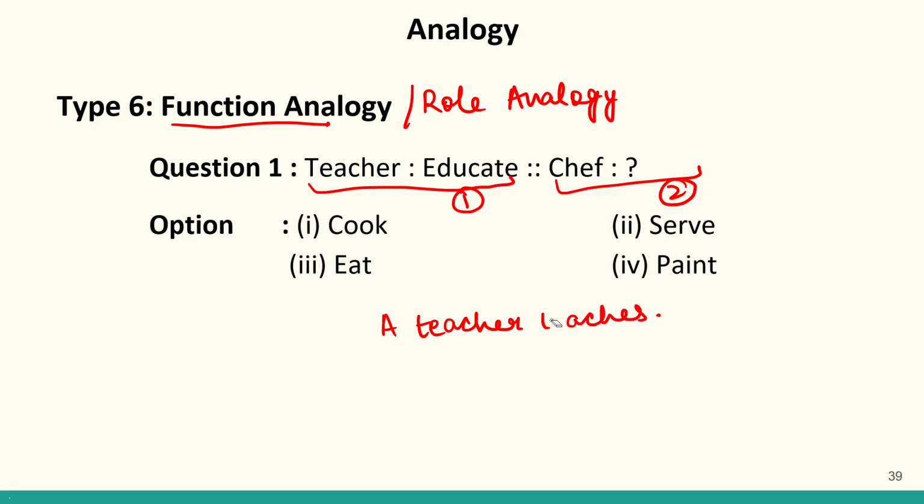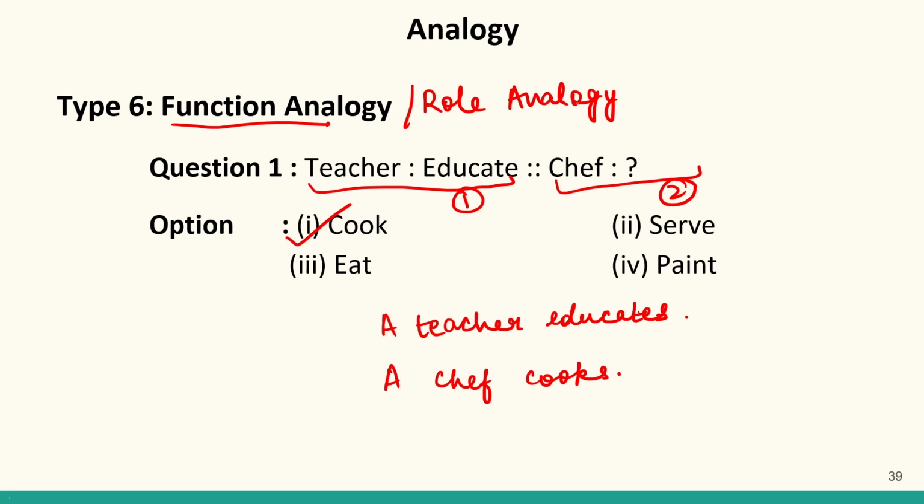And the teacher's word can be substituted with educate. So a teacher educates. Similarly, what is the function of a chef? A chef cooks. So we are using the same function that we used in the first pair. So our answer will be option number 1, cook.